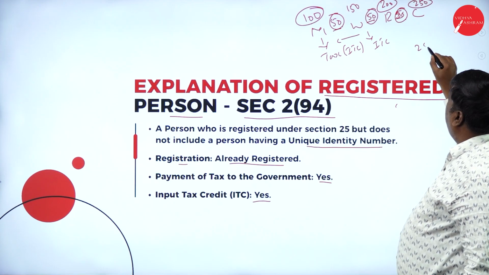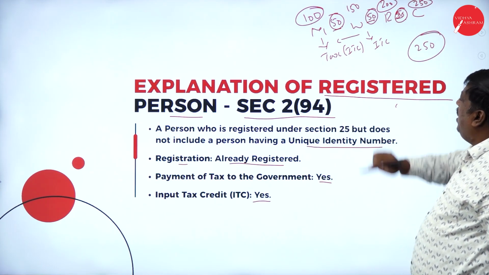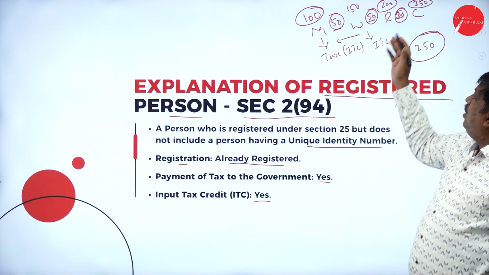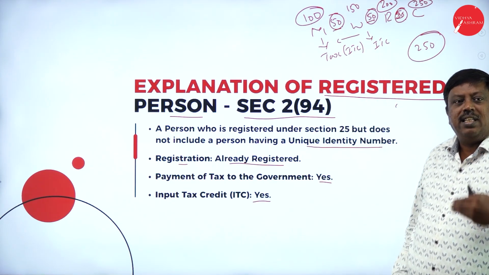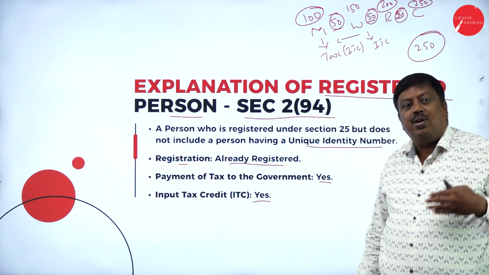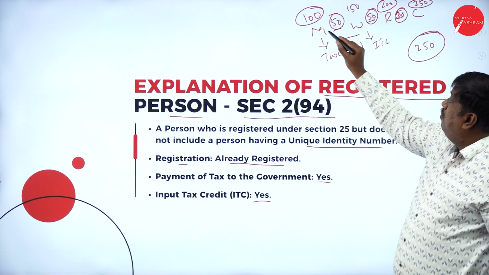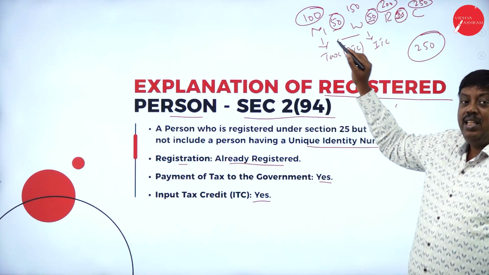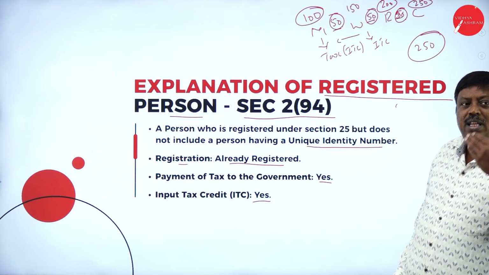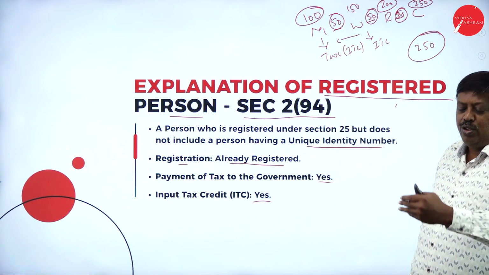Finally, the tax paid is only 250, and that has been paid by the consumer. The people who have paid already have taken their tax amount back. That is called input tax credit. The amount of tax paid by the middlemen, they can get back the benefit of tax. Whatever they paid, they ultimately collect from the consumers.